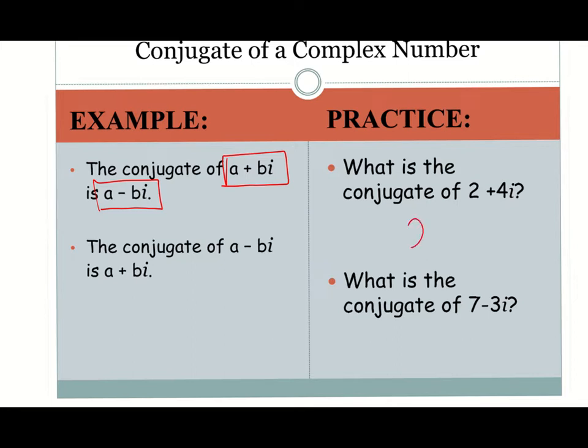Well, it would be 2 minus 4i. We change the sign of our imaginary term. So then if we started with a minus bi, our complex conjugate is going to be a plus bi. So if we had 7 minus 3i, our complex conjugate would be 7 plus 3i. So we're always going to multiply by the complex conjugate in order to get rid of our imaginary term in our denominator.